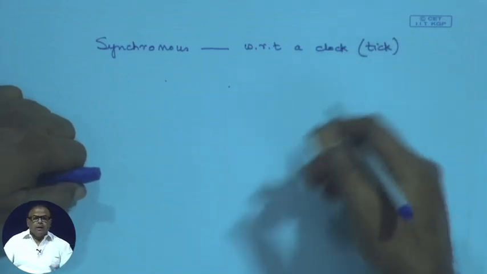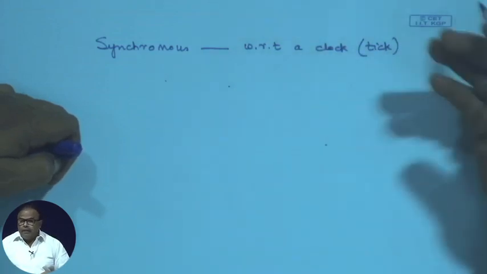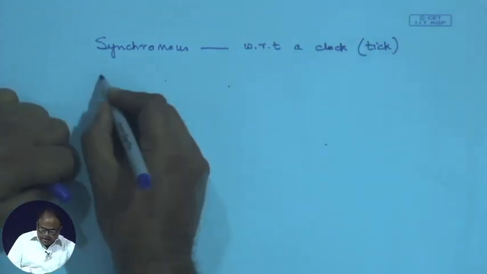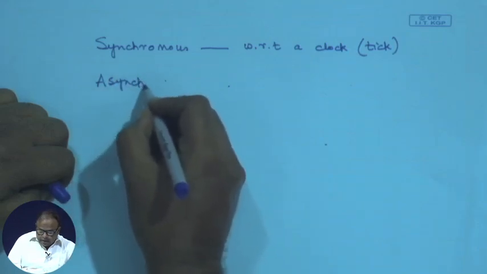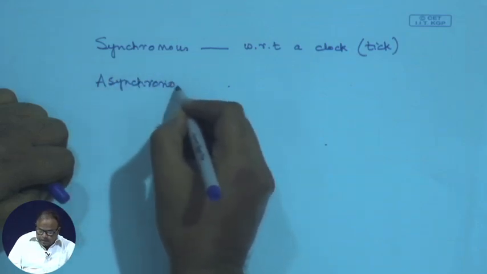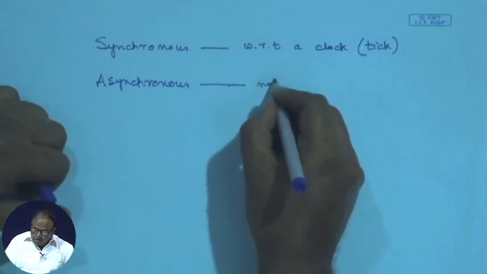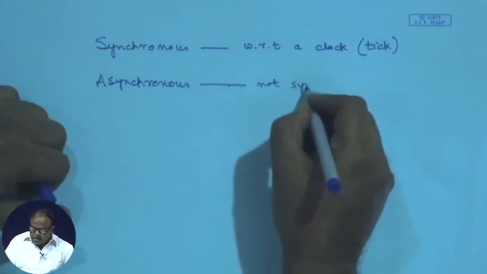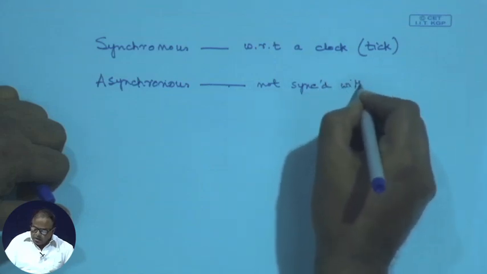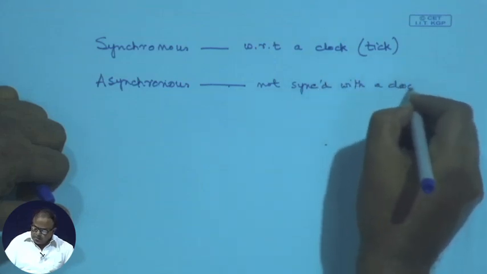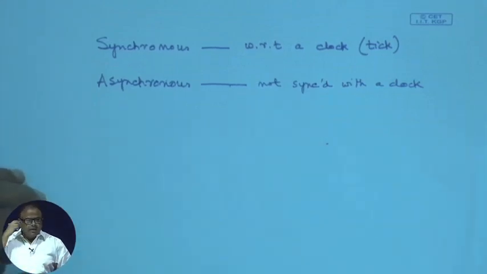It may be at every tick, it may be every 5 ticks, like that. Asynchronous means it can happen anytime, not synced with the clock. All right. That is asynchronous.